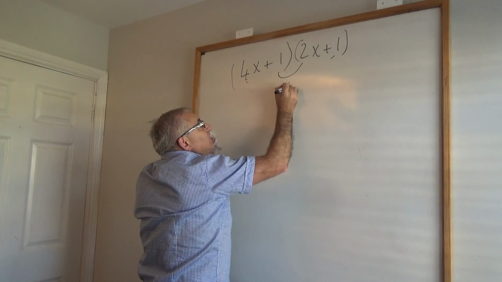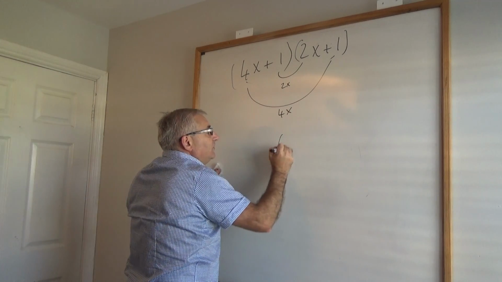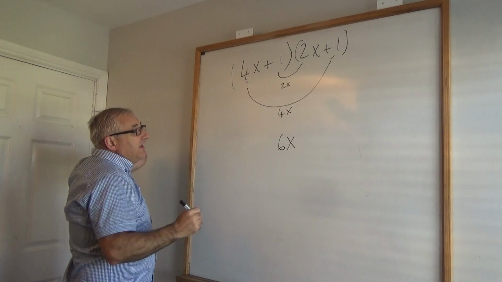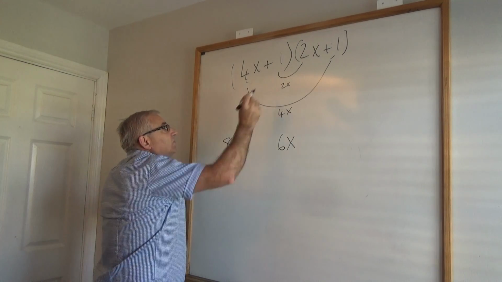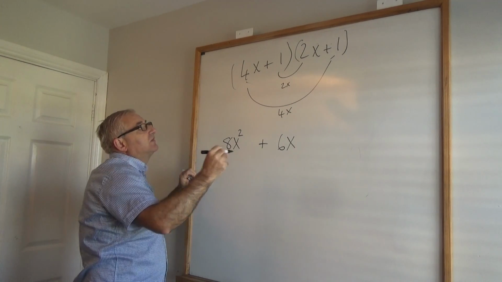That is 2x, that is 4x, totaling 6x. And we have 2x by 4x, 2x by 4x is 8x squared. You have your 6x and you have a 1.